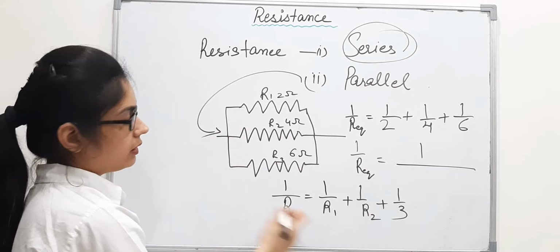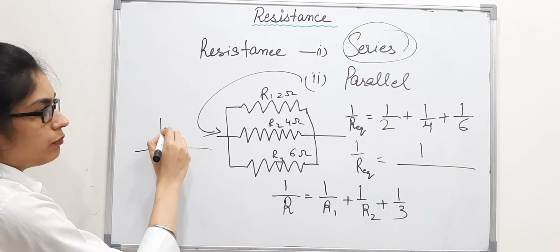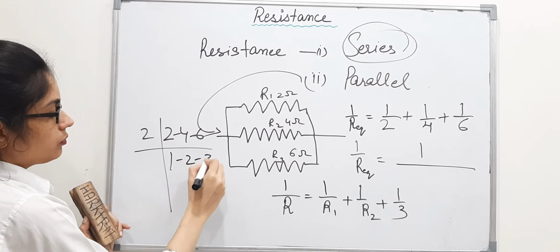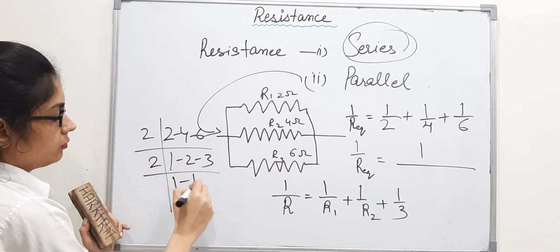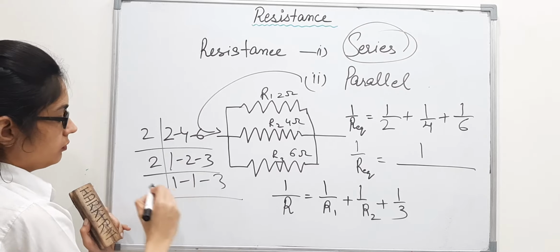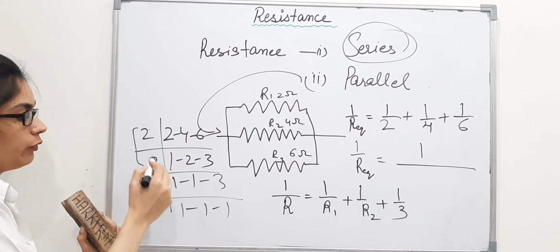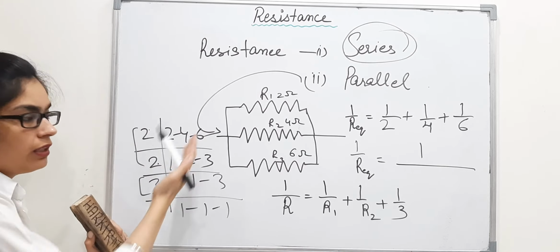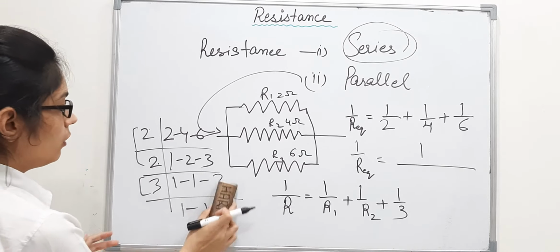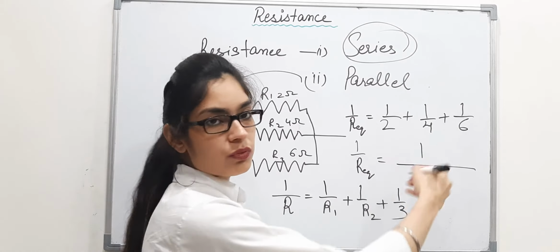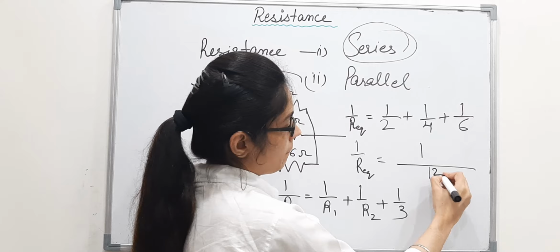Same way we find LCM, you can see 2 into 2 is 4, 4 into 3 is 12. The LCM of 2, 4 and 6 is 12.